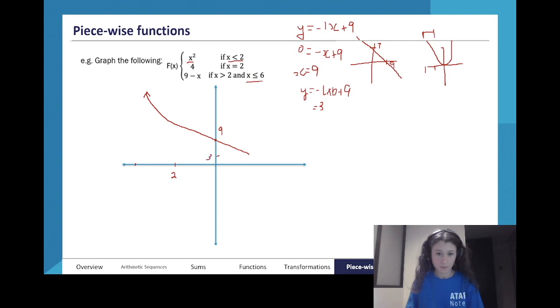And then of course the y value up here is going to be 4. And this is going to correspond to this section in here where we have the two functions meeting.